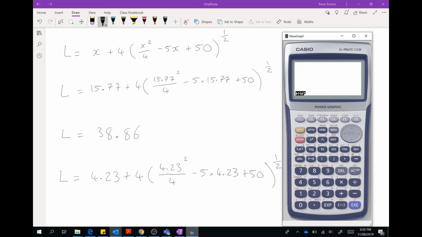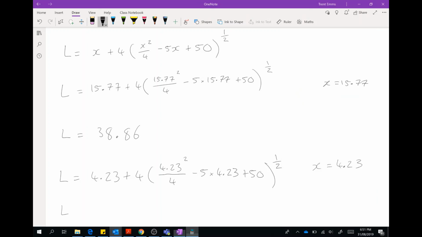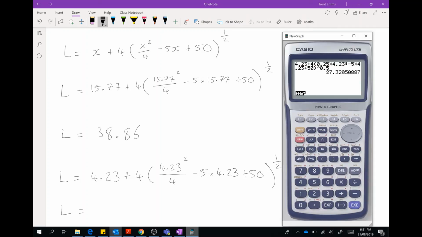And I'll re-go through that. So we've got 4.23 plus 4 times a quarter of 4.23 squared minus 5 times 4.23 plus 50 to the power of 0.5, and we get a length of 27.32.